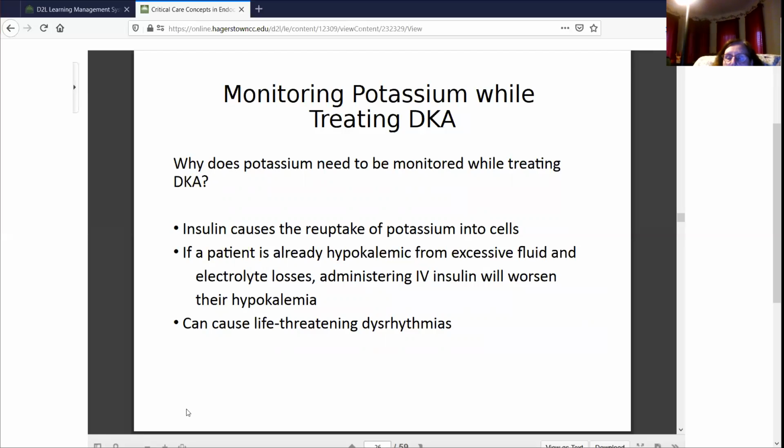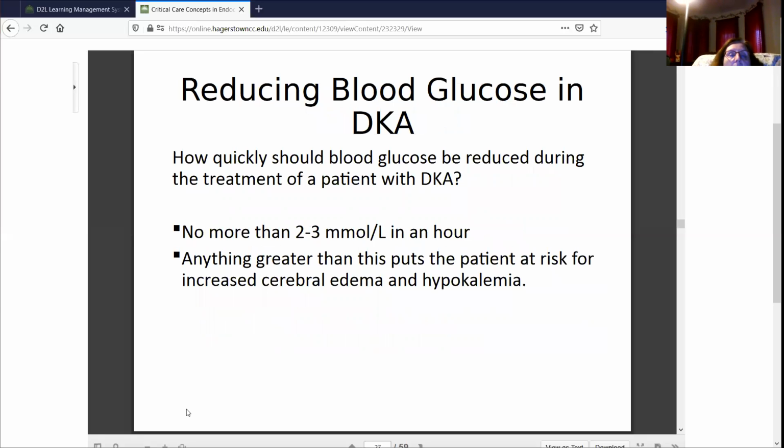Okay, that's important, all right? So how quickly should the blood glucose be reduced during the treatment of a patient with DKA? No more than 2 to 3 millimoles per liter in an hour. Anything greater than this puts the patient at risk for increased cerebral edema and hypokalemia. So you need to do it slow.